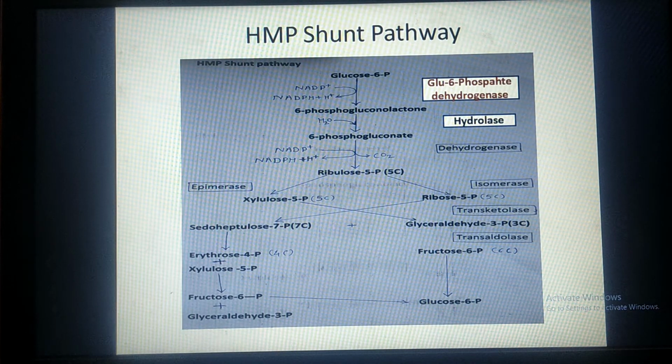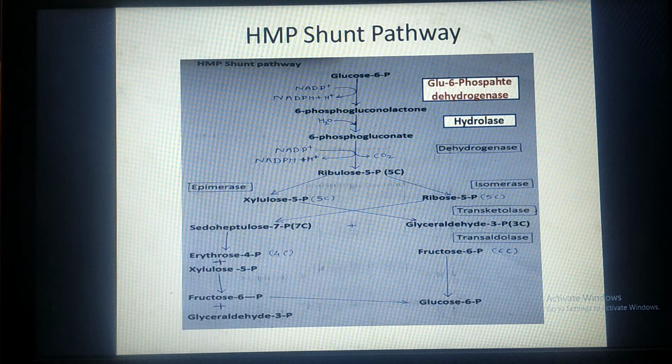Now the ribulose 5-phosphate which is formed either gets converted into xylulose 5-phosphate by the enzyme epimerase or into ribose 5-phosphate with the help of the enzyme isomerase. This conversion takes place according to the need of the cell and the concentration of xylulose 5-phosphate and ribose 5-phosphate in the cell.